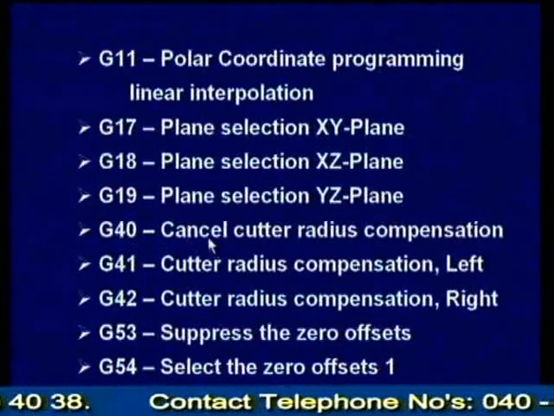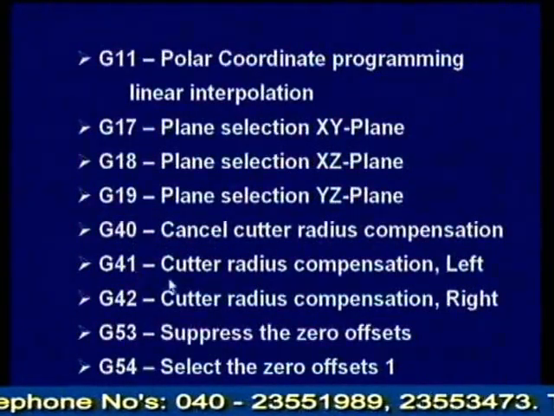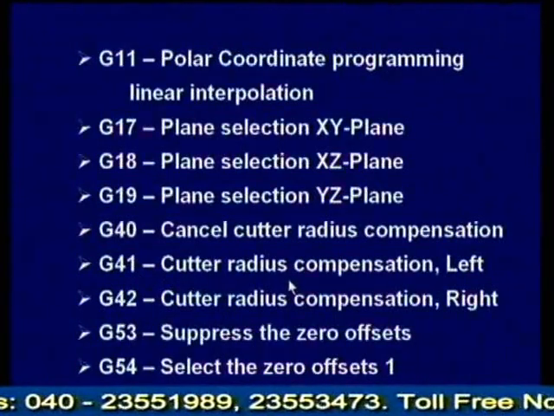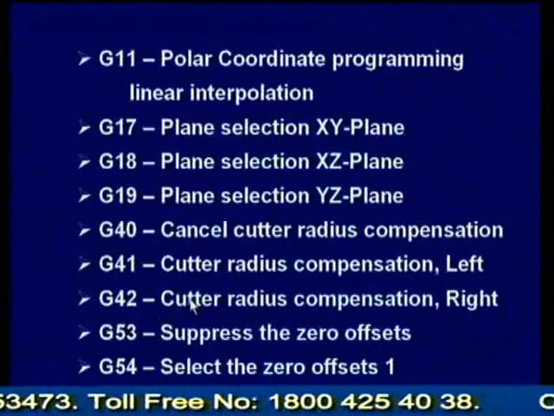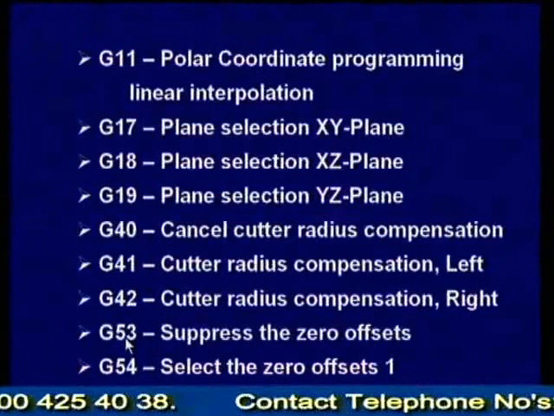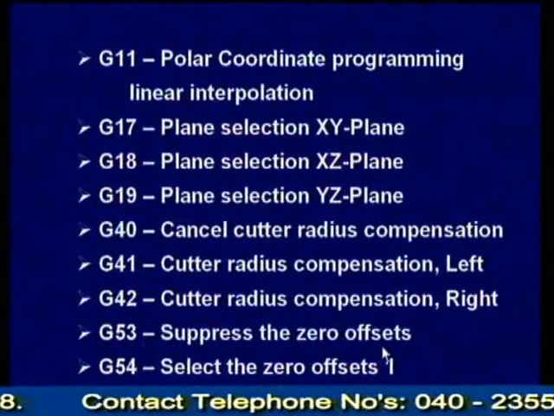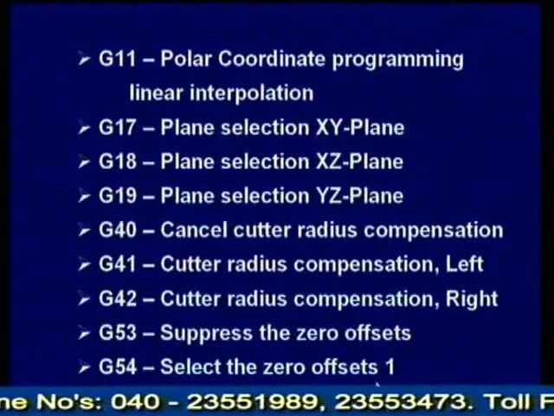G40, cancel cutter radius compensation. G41, cutter radius compensation left. G42, cutter radius compensation right. G53, suppress the zero offset. G54, select the zero offset.